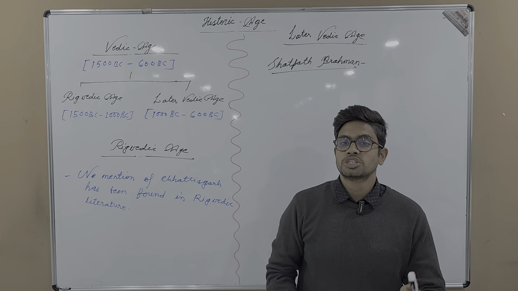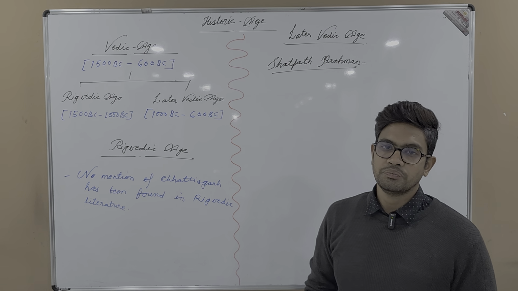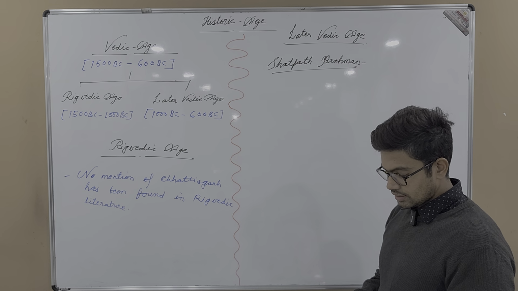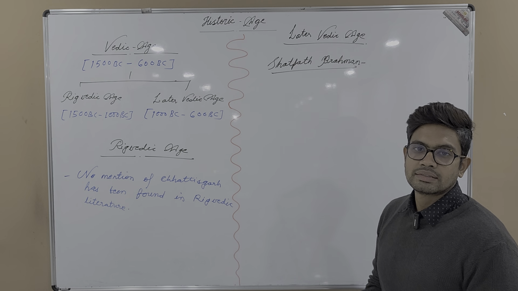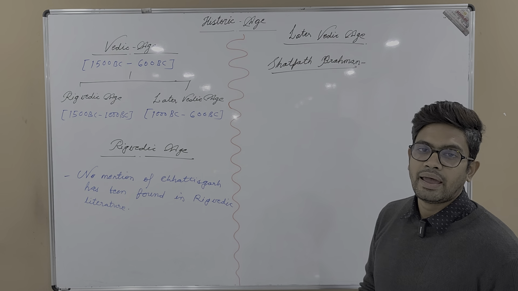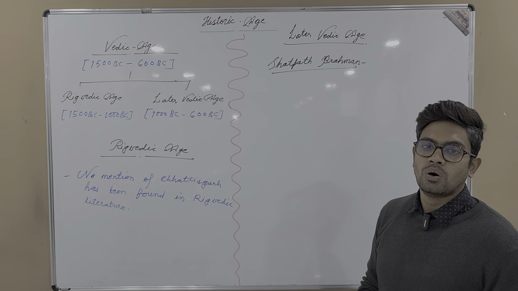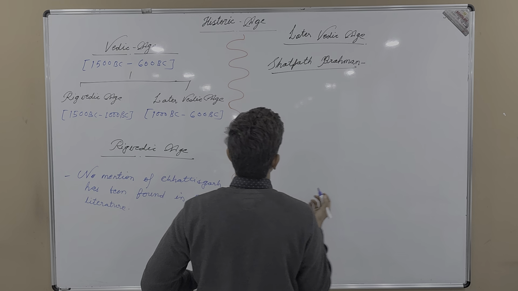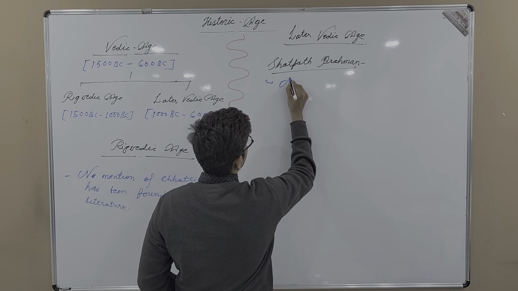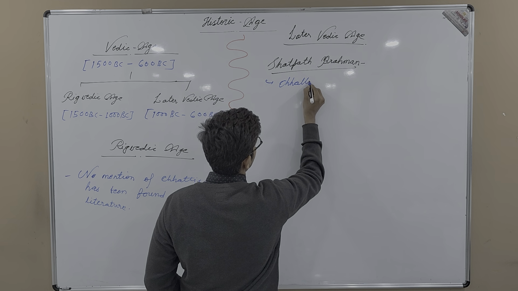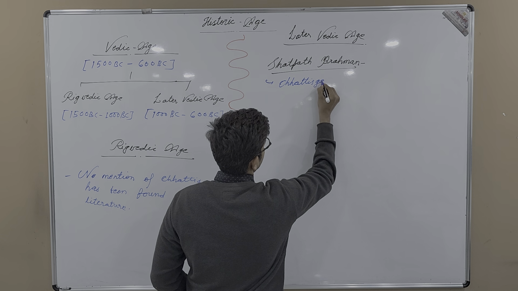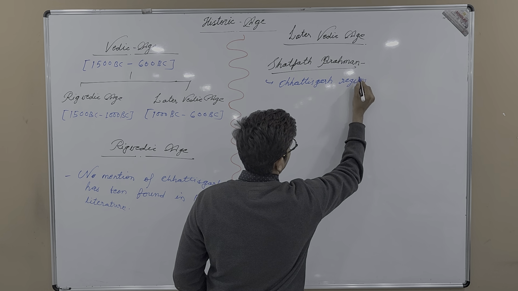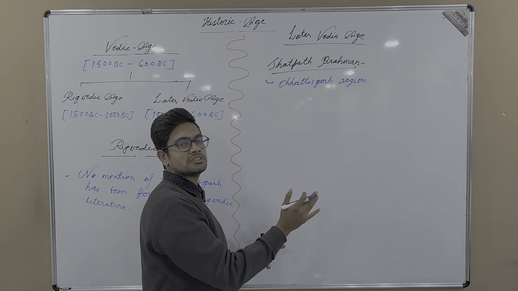Shatpath Brahman is a treatise which was written in the later Vedic age, and it talks about the Chhattisgarh region and the seas adjoining it on both sides. Basically it describes the Chhattisgarh region, not by the same name, but it describes this region.